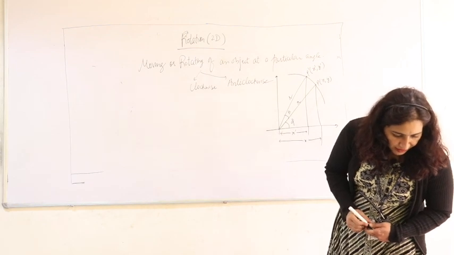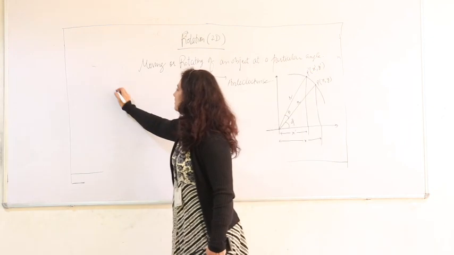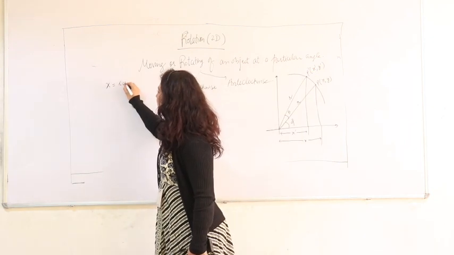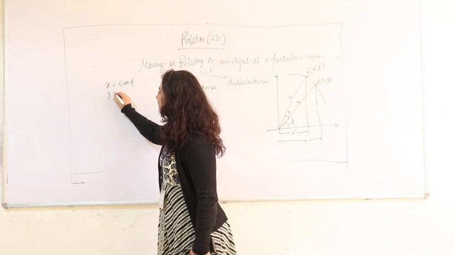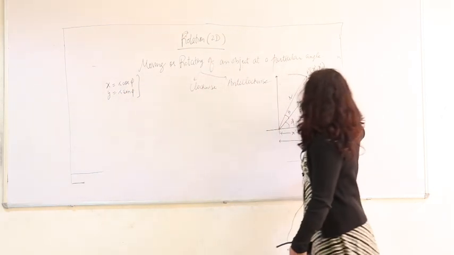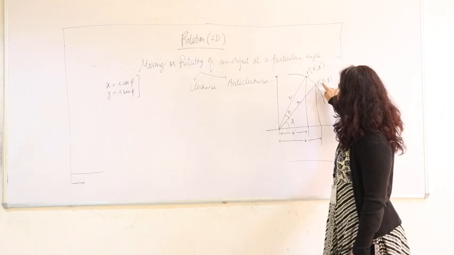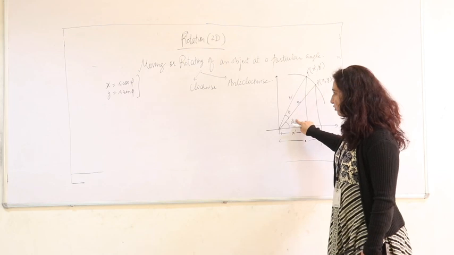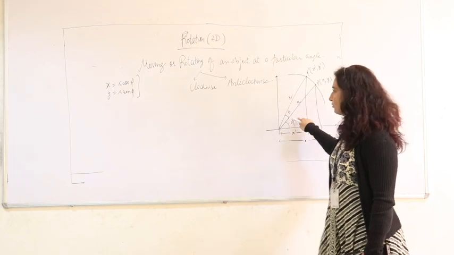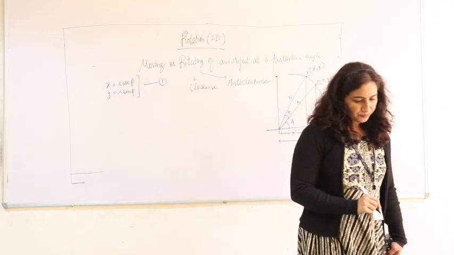Clear? So here can we write x is equal to r cos phi and y is equal to r sin phi? Here x is the old position which is making an angle phi. So x is equal to r cos phi, y is equal to r sin phi, which is the first equation.